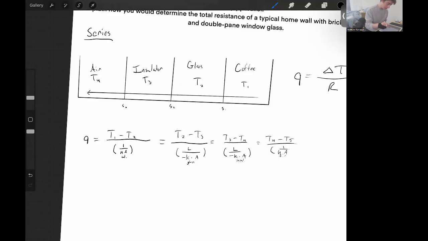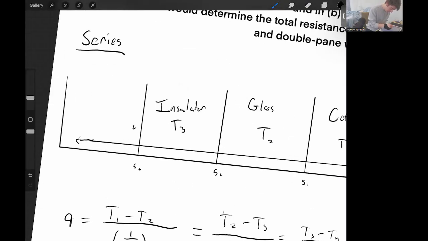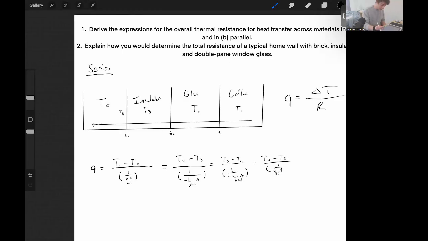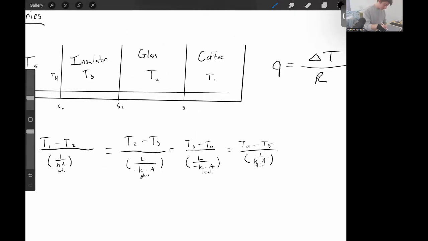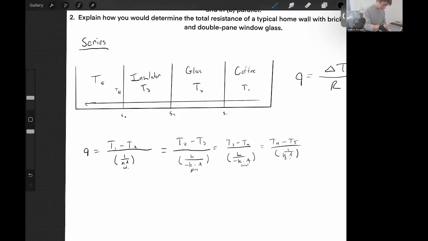I actually forgot, this should be better visualized, because we have our T4 that's in this sort of boundary layer, and we have T5, which is the actual temperature outside of the system. So T5 is the temperature of the air, and T4 is the boundary in between. That is how we solve for that.